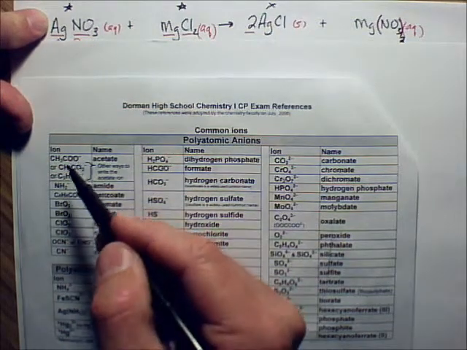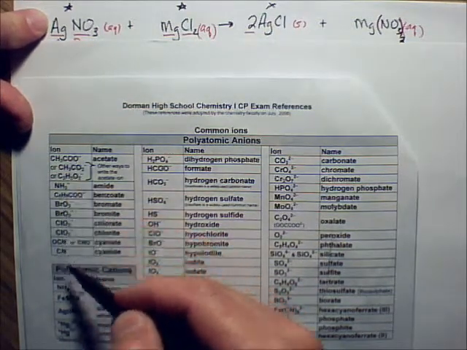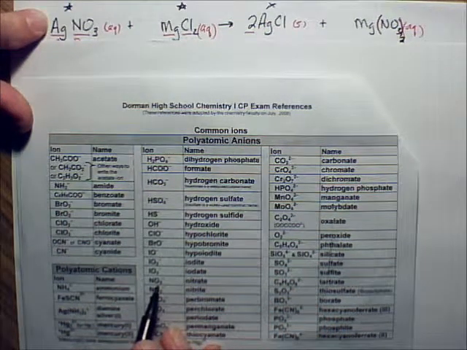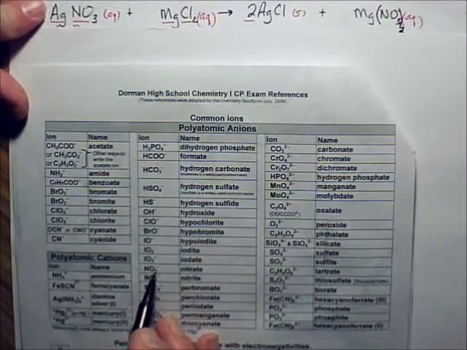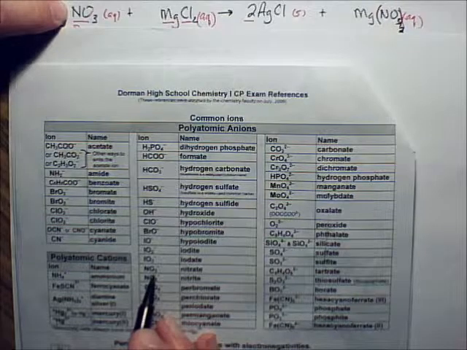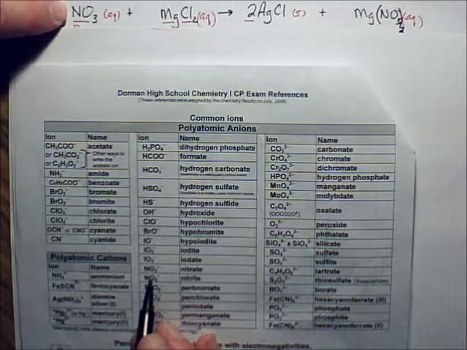Okay? So you start searching through, comparing it to the formula that's up there. And if you're careful and do a good job, you're going to see there's an NO3 negative right here. Well, NO3 looks just like that, except it's got a negative charge on there, doesn't it?